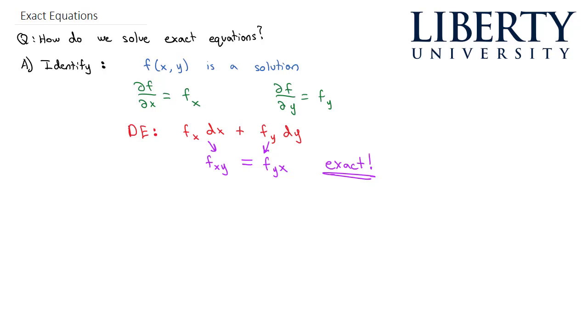From there, we can look at solving this exact equation by undoing the partial derivatives on both halves. We can take the integral of the partial with respect to x dx, and that's going to give us the original function plus a function of y. And we can integrate the partial with respect to y dy, and that'll give me the original function plus some function h of x.